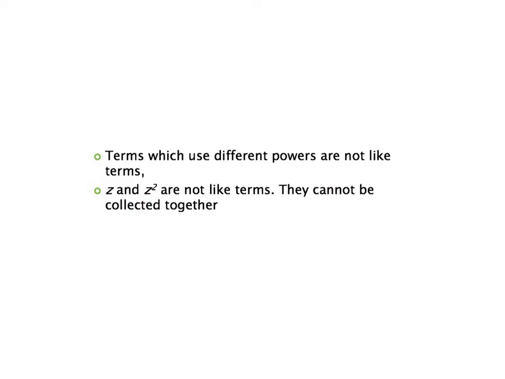Okay, terms which use different powers are not like terms. So for example, if I had 2z plus 2z squared, I can't collect them together because z and z squared are completely different values.